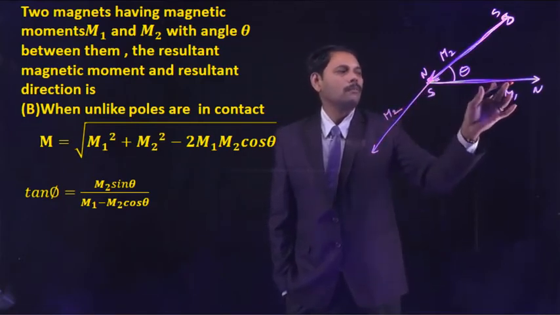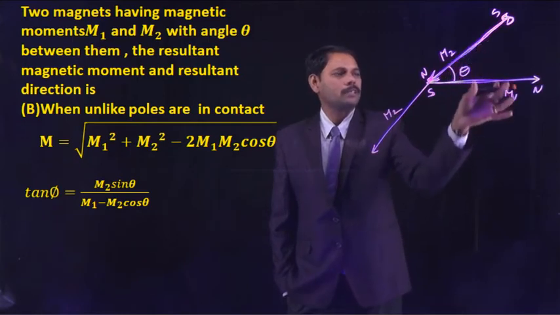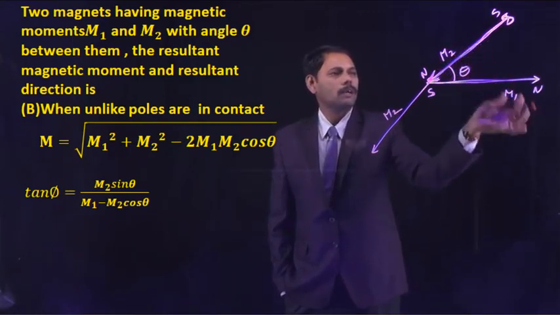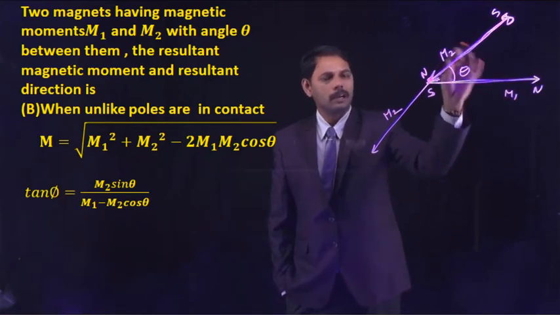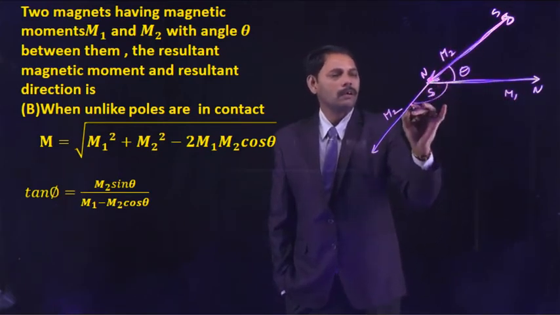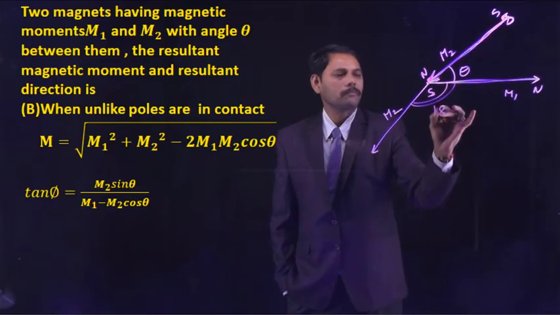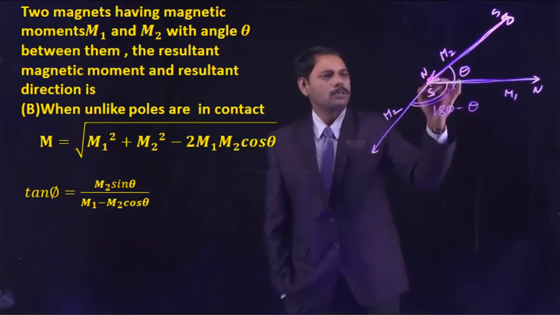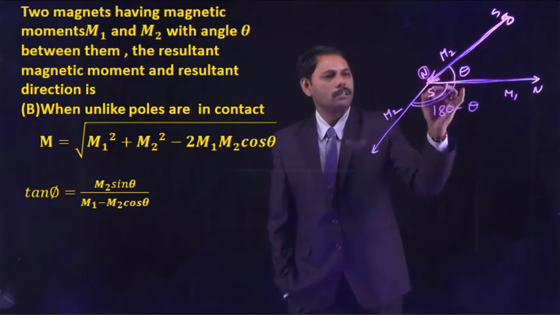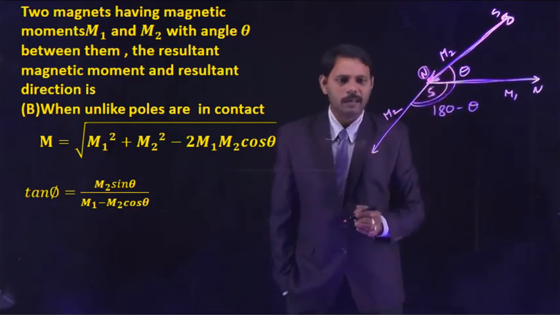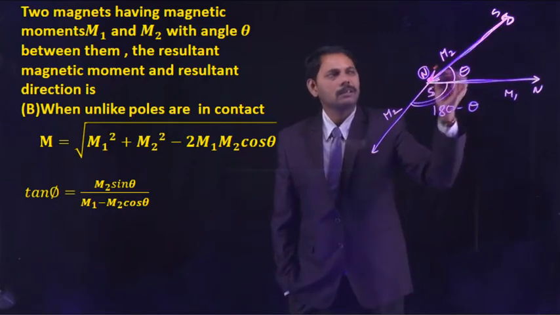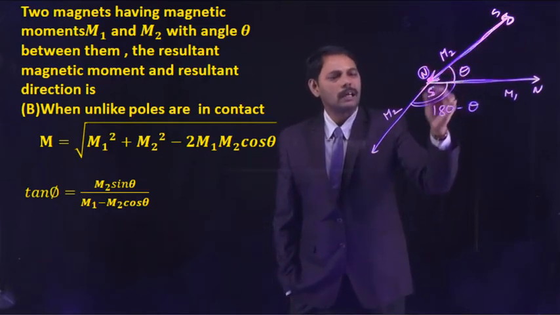The first magnet and second magnet physically make an angle theta here, but the vectors of magnetic moments M1 and M2 make an angle 180 minus theta. When the north pole of the second magnet coincides with the south pole of the first magnet, the magnetic moment is directed in the opposite direction, south to north, so we draw the equal vector.